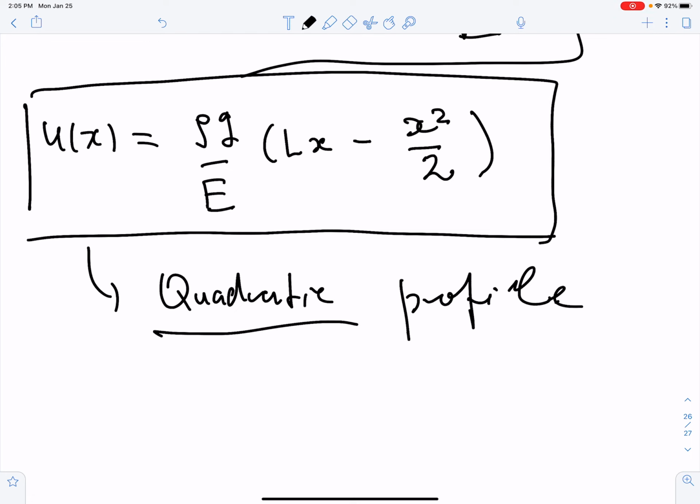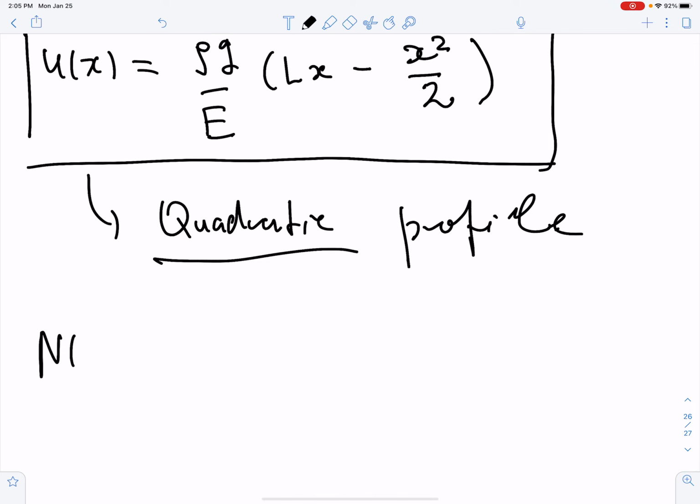Now, what's of interest in structural analysis is not necessarily the displacement itself, but the distribution of stresses and forces. So then what is N? N of x becomes, and here you just go back and apply the constitutive law followed by compatibility. So you get EA du dx.